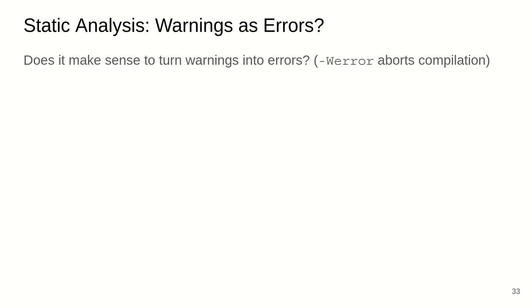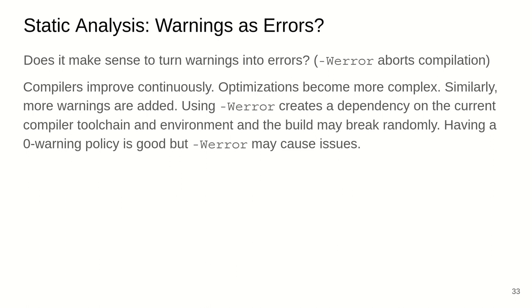Now, as you're working with warnings, you may consider turning warnings into errors. And this comes with a caveat that it doesn't really make sense to turn all the warnings into errors, because compilers change, right? If you're doing this for your own little toy project, this may be fine. But for large and complex projects that are being used as part of a build chain somewhere, this may result in weird issues somewhere along the way.